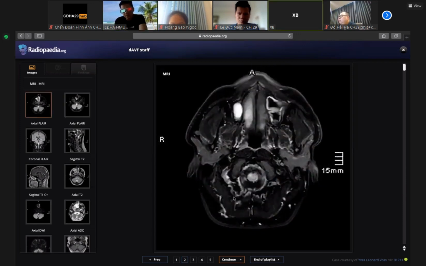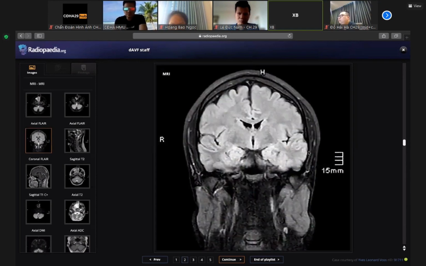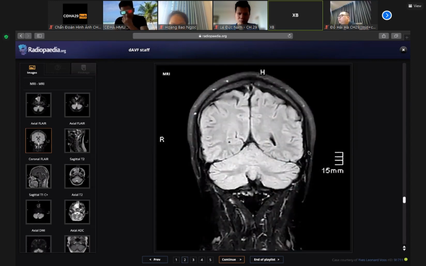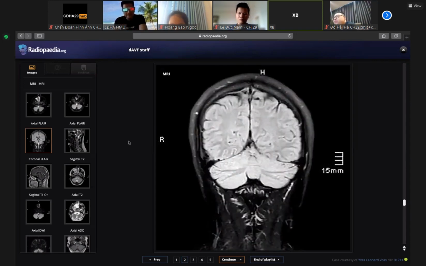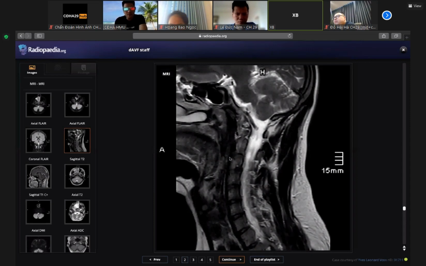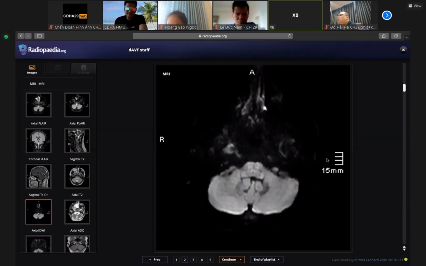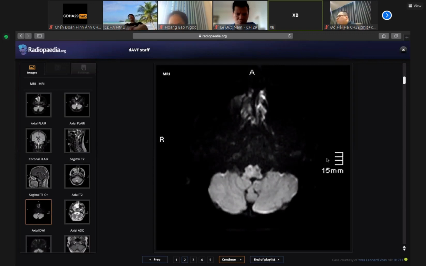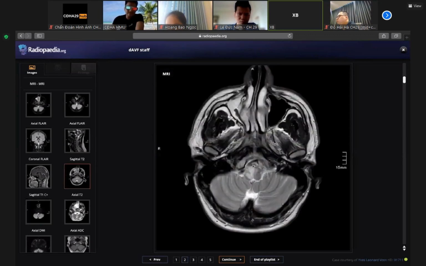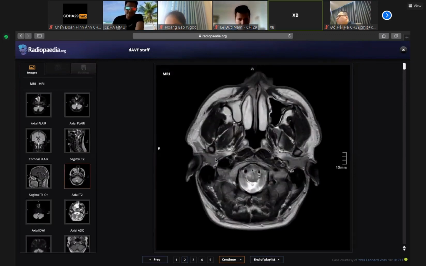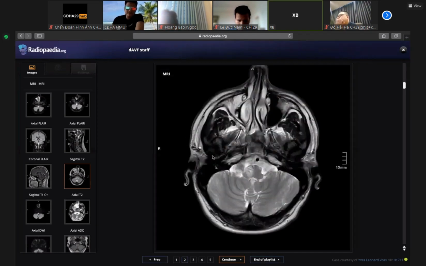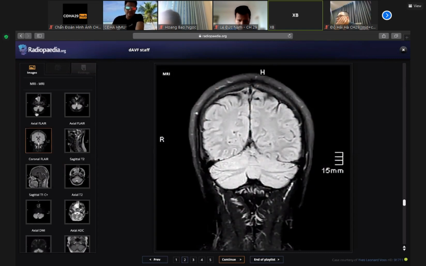Yes, I think so. I want to recommend that when we see the lesion here, this lesion does not have restricted diffusion. And we should look for vessel dilation around it, which will help us recommend the injection and think about vascular malformation when I see this case.